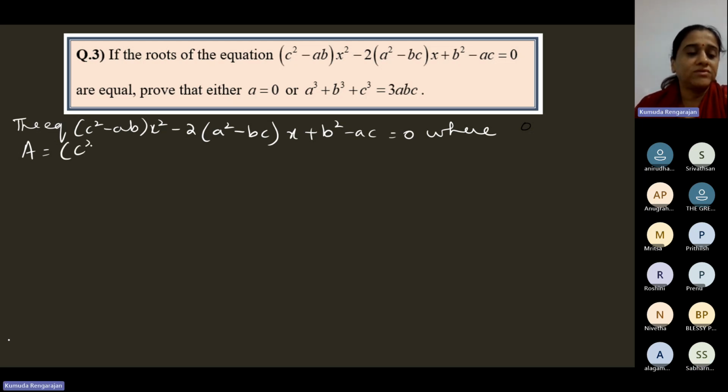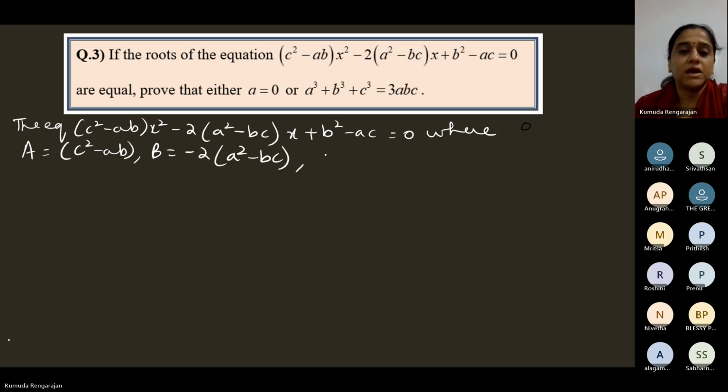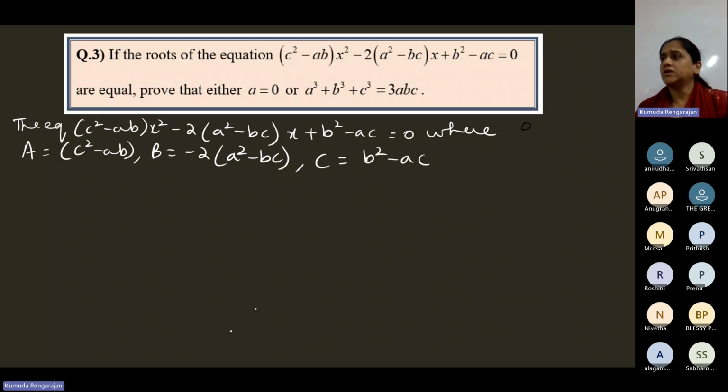A is c squared minus ab. B is minus 2 into (a squared minus bc). And c is b squared minus ac, the rest of it, everything other than the x and x squared terms.